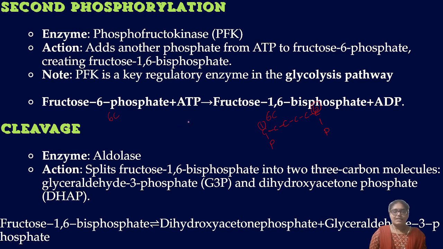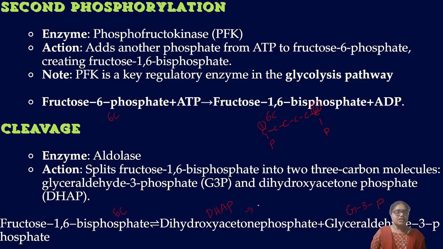Next step is cleavage. Here fructose 1,6-bisphosphate is cleaved to form dihydroxyacetone phosphate, DHAP, and glyceraldehyde 3-phosphate, G3P. Fructose 1,6-bisphosphate is a 6-carbon compound.